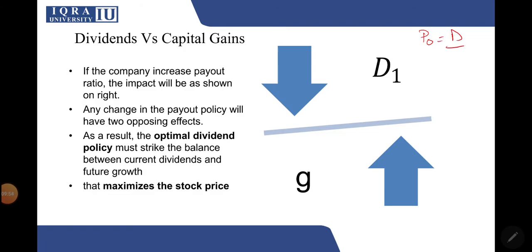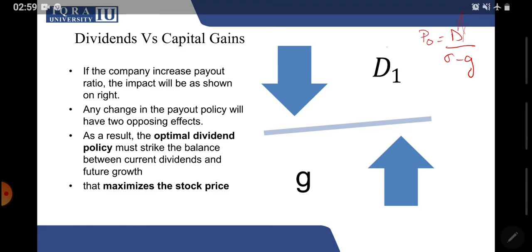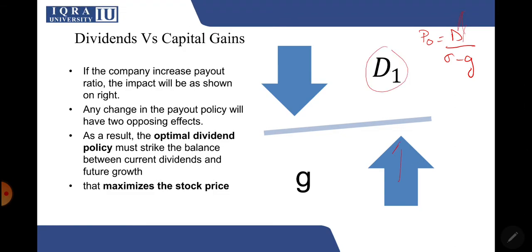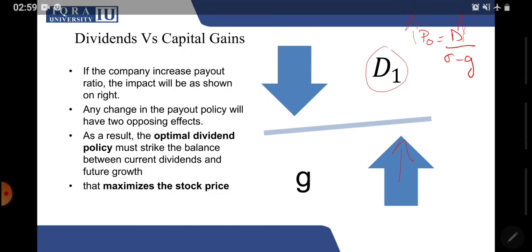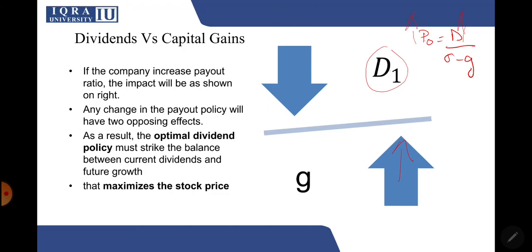This is the constant growth formula that you studied in Principles of Finance. Basically, if the payout increases, more dividend is being paid, so your dividend will increase, so your D1 will increase in that case. If D1 increases, automatically the stock price will increase, right? If the numerator increases, this will increase as well.